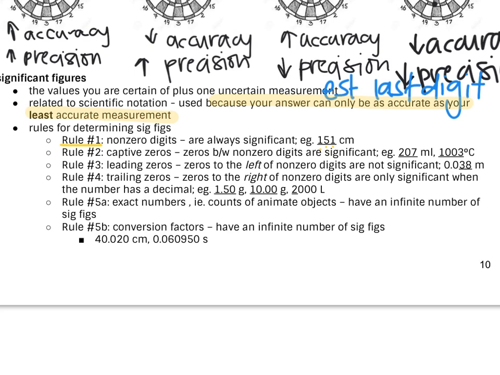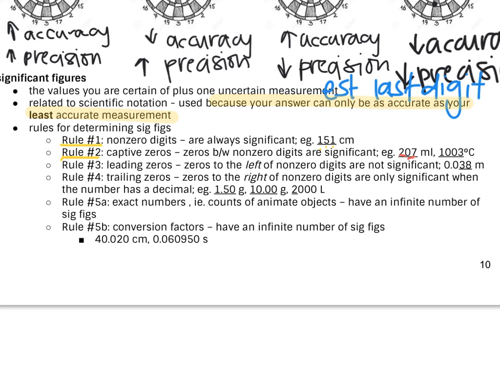Rule number 2, captive zeros. Zeros between non-zero digits are significant. So if a 0 is sandwiched in between 2 non-zero digits, it's going to be significant. For example, if you said you had 207 milliliters, you have 1, 2, 3 sig figs because that 0 is significant.